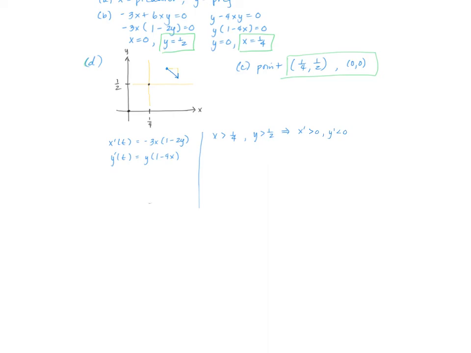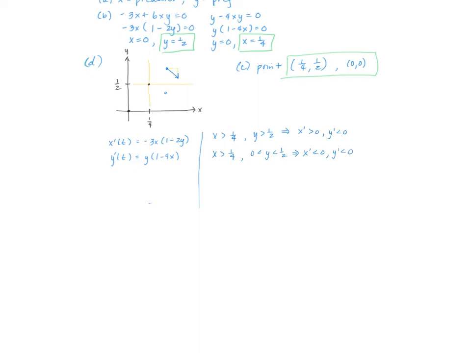All right, let's look at another scenario. Let's just say that x is still greater than 1/4, but suppose that the y values are between 0 and 1/2. How does that affect our derivative? Well, it turns out that the derivative with respect to x will now be negative, and the derivative with respect to y will also be negative.